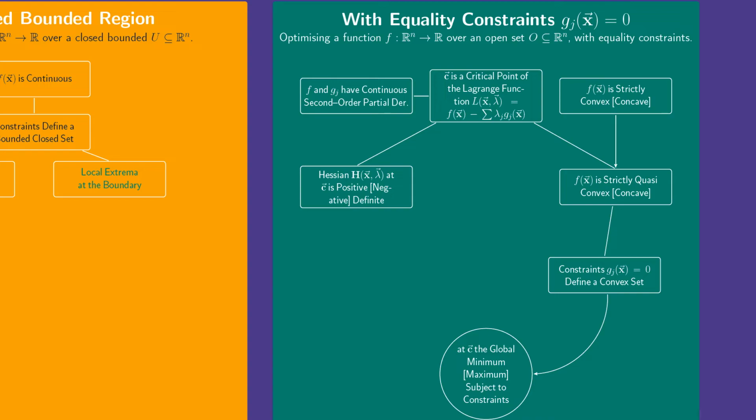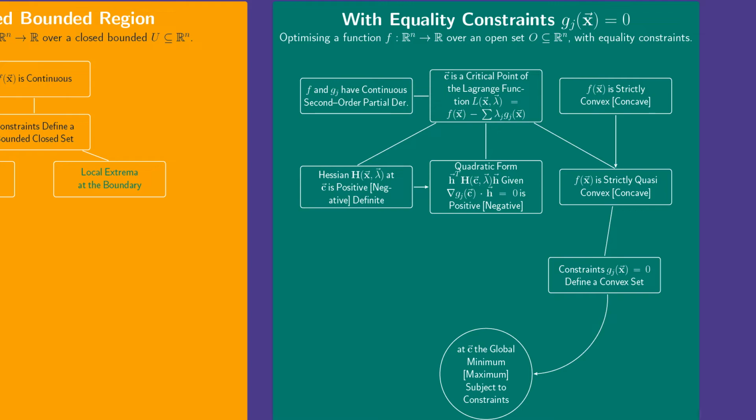Checking definiteness of a matrix is the same as asking whether the corresponding quadratic form is positive or negative for all non-zero vectors H. But when we have constraints, we do not care about all vectors H, only about those that are perpendicular to the gradients of functions g that were used to express constraints.